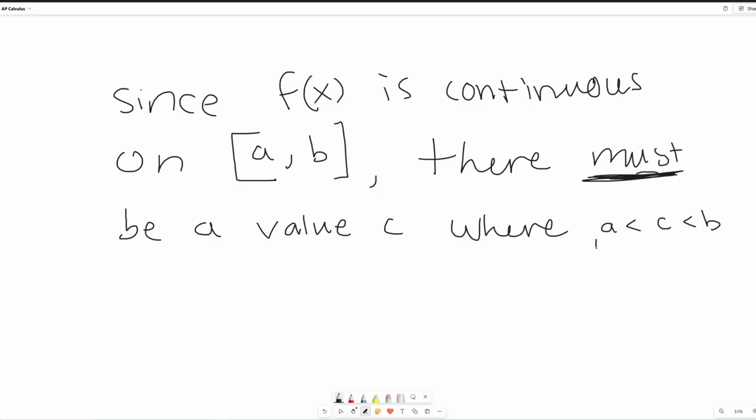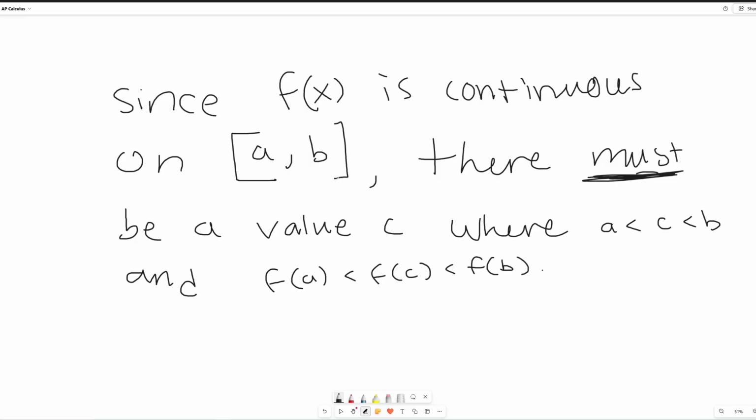So it's saying the x value c is between the x values a and b. And f of a is less than f of c is less than f of b. This is how you formally write it.